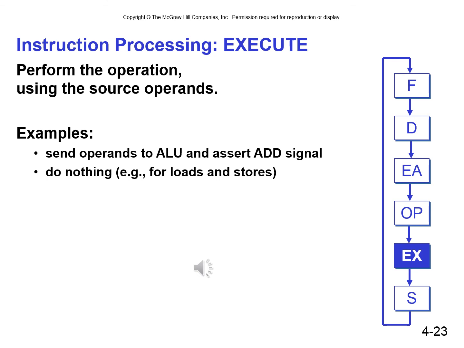When it sends the operands to the arithmetic logic unit, if operand number 2 is a 5-bit 2's complement value embedded in the 16-bit instruction, that gets sign extended during this process. For loads and stores, nothing happens during this step. The final step, which we'll cover next, is how loads and stores terminate.